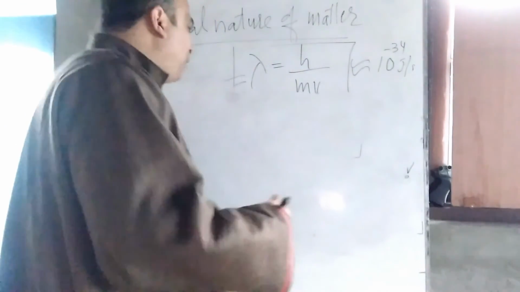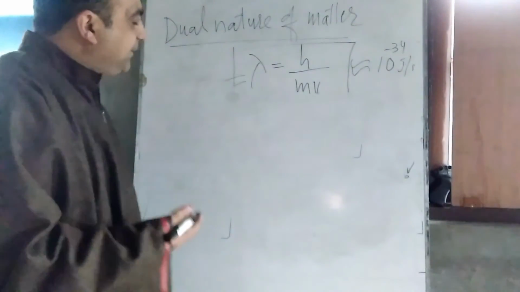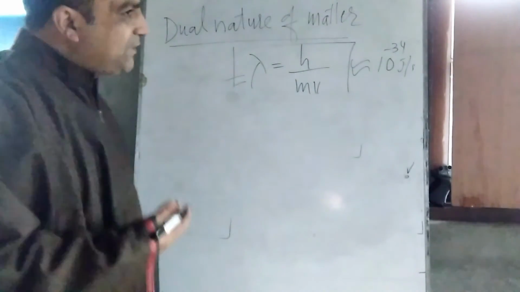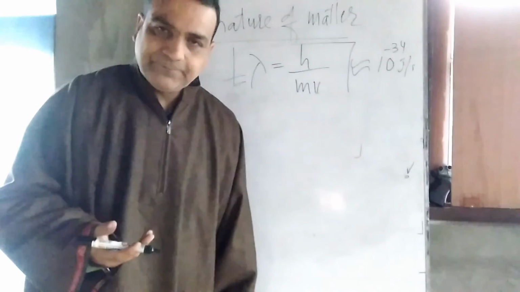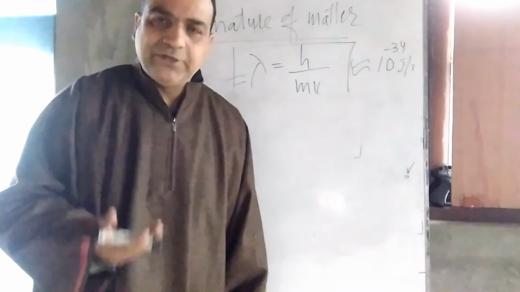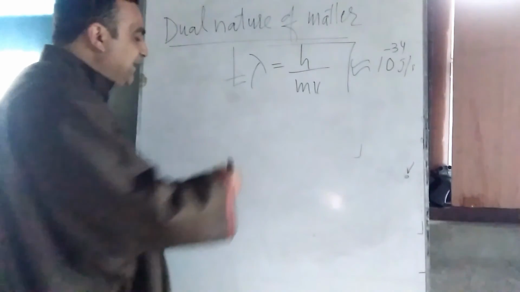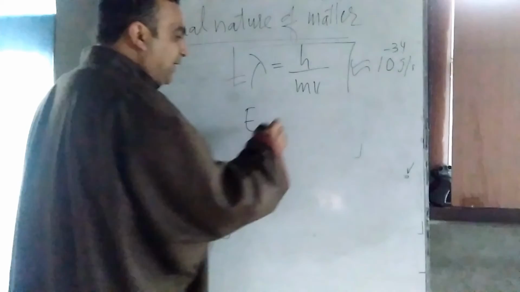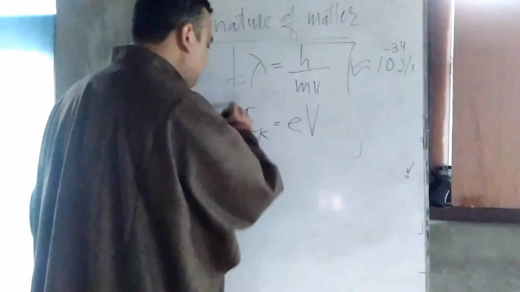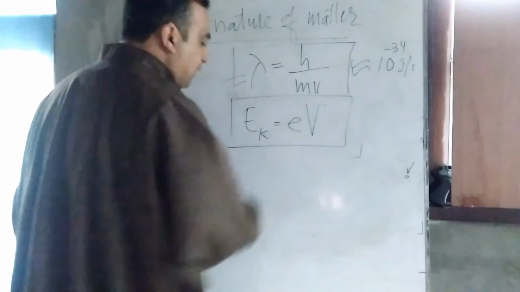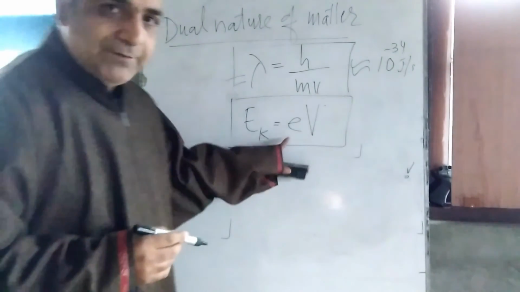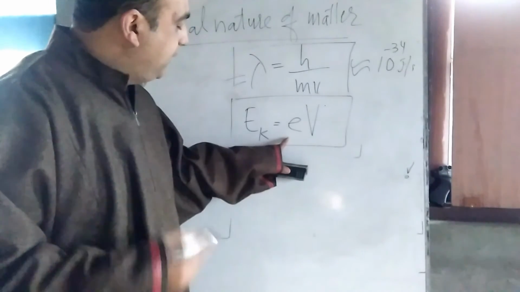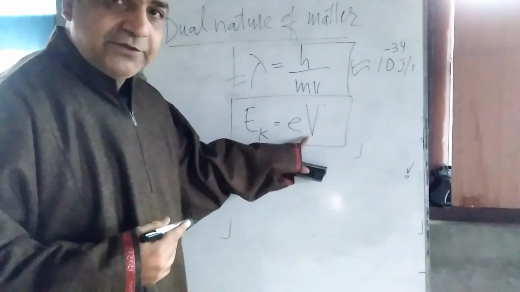Now, suppose this material particle, this microscopic particle, moves in some electric field having potential difference. In that case, the kinetic energy, Ek, will be eV, where e is the charge of that material particle if you are assuming it to be an electron or a proton, and V is the potential difference.